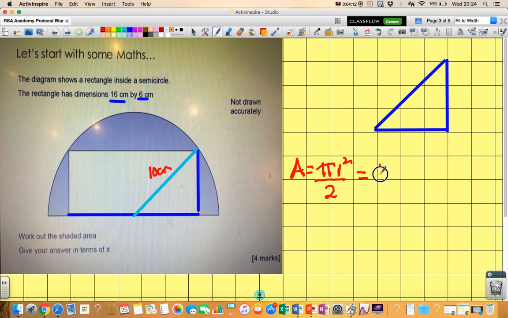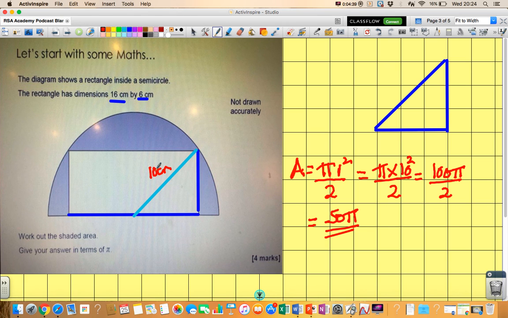So that'll be pi times by the radius, which is 10 squared, divided by 2, which is 100 pi divided by 2, and that simplifies to 50 pi. So that's the area of the semicircle.